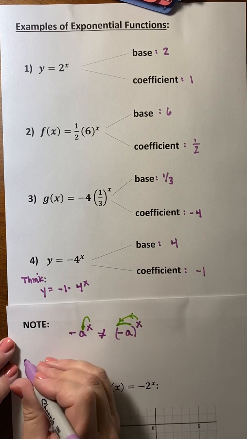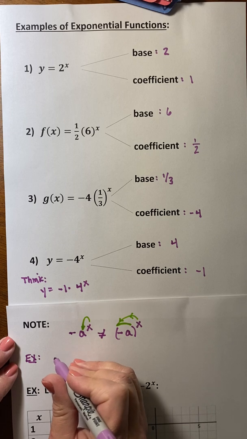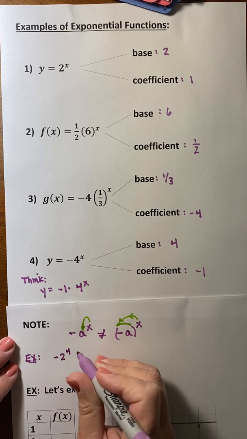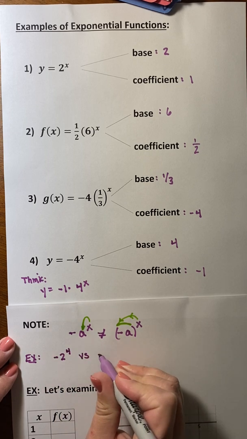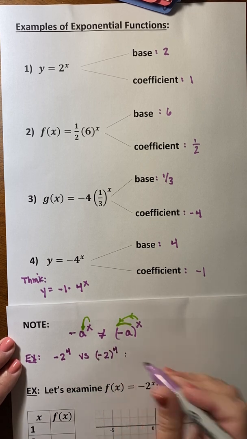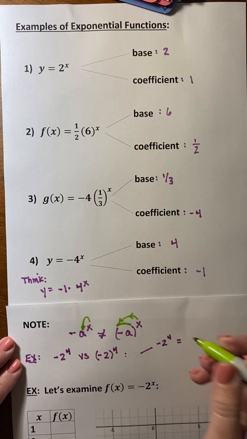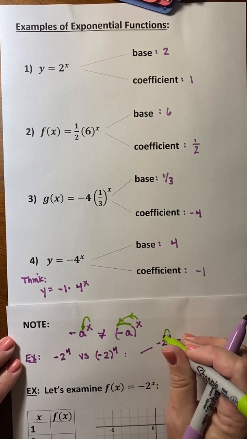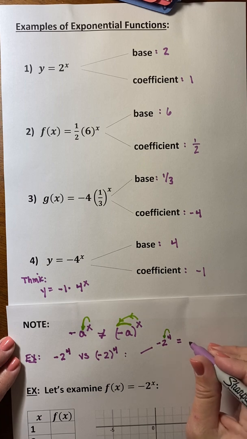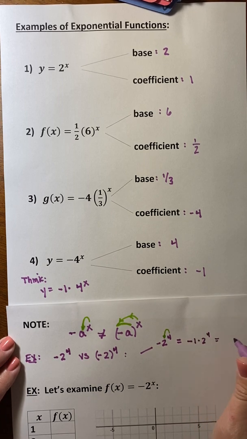For example, -2 to the 4th power versus (-2) to the 4th power. -2 to the 4th power really means, well, this 4 only applies to that 2, so that really means -1 times 2 to the 4th, which is -1 times 16, which is -16.